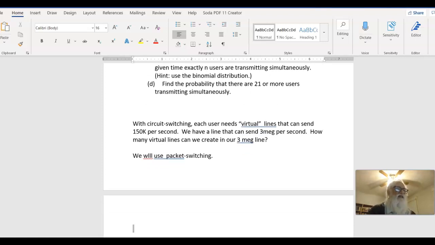What we're going to do is say each user has a probability of sending of P. So P is, in our case, P equals 0.1.